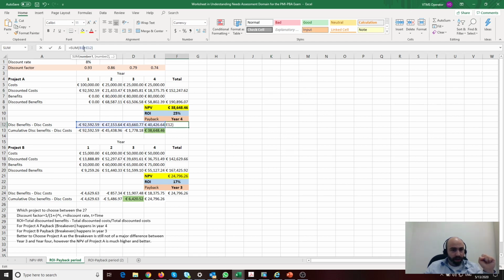There's a summation. Cumulative discounted benefits minus discounted costs. Okay? Here is the tweak. So cumulative discounted benefits minus cumulative discounted costs. I started with that. It's equal to that.